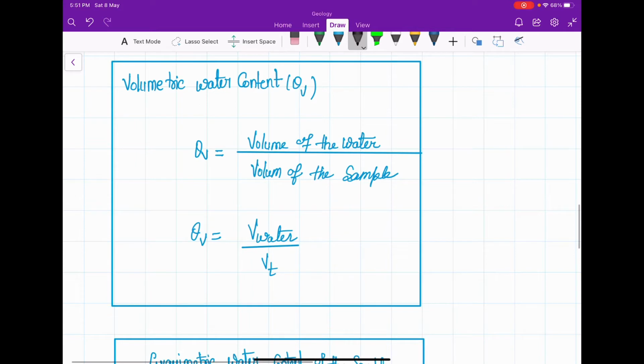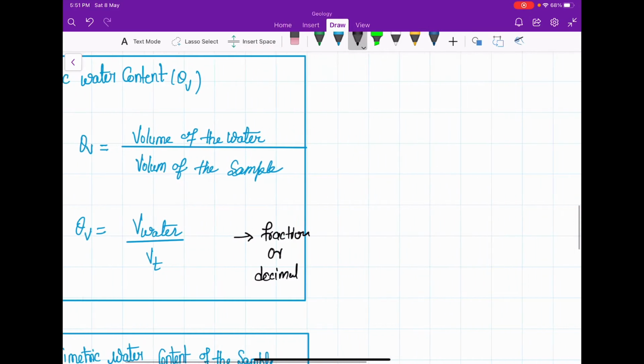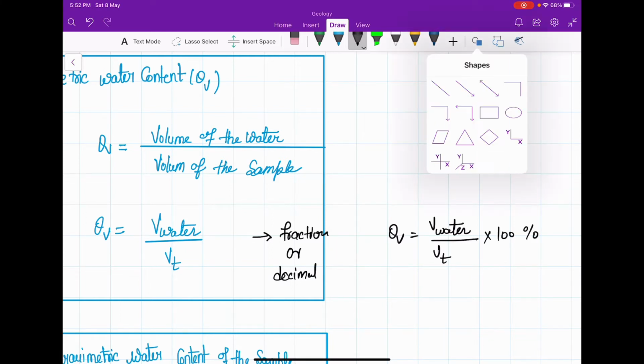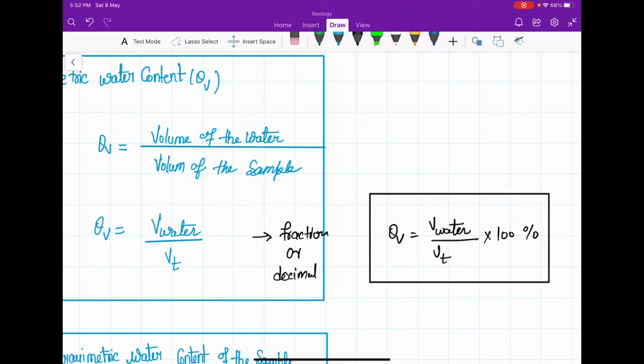So the value we will get in terms of fraction or decimal. In terms of percentage, theta v will be V water, that is the volume of water present in the sample, divided by Vt, the total volume of the sample, into 100, and the unit will be no unit, the symbol will be percentage.